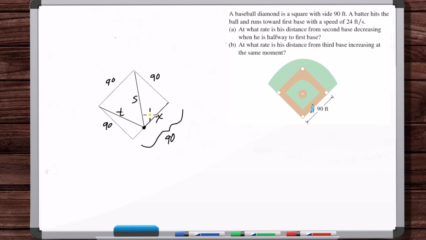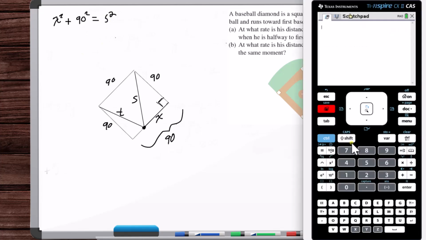Let's start with S. Well, this is a square, right? This is a right triangle here, so we can use the Pythagorean theorem. X squared plus 90 squared is equal to S squared. 90 squared is 8,100.